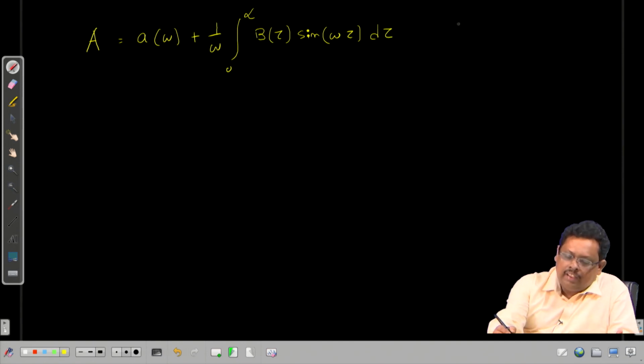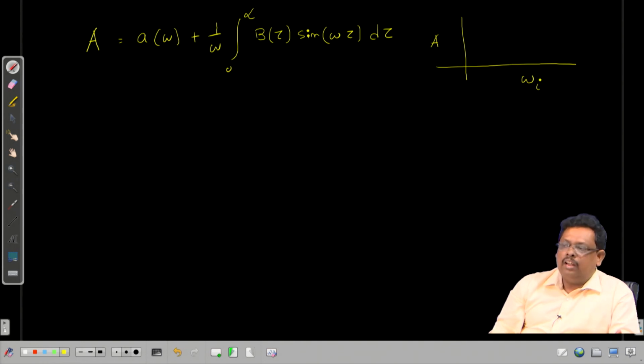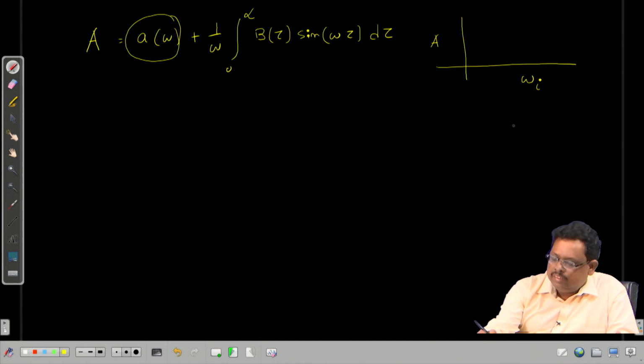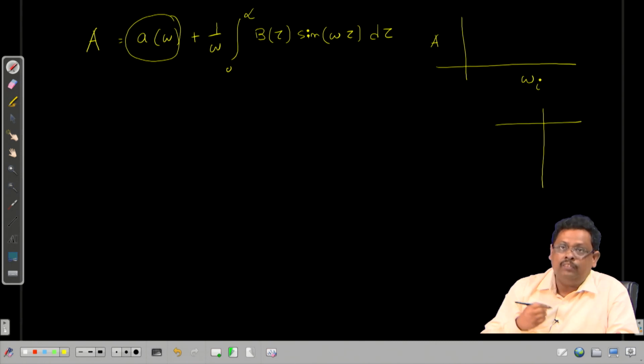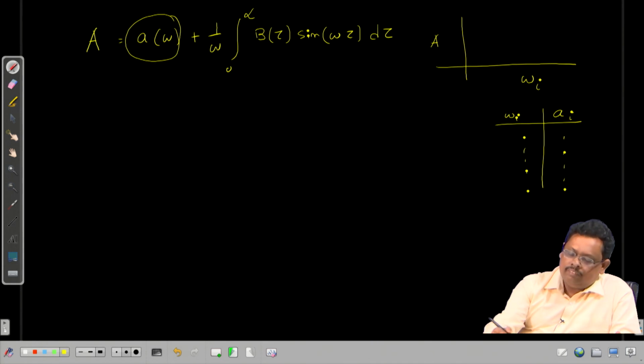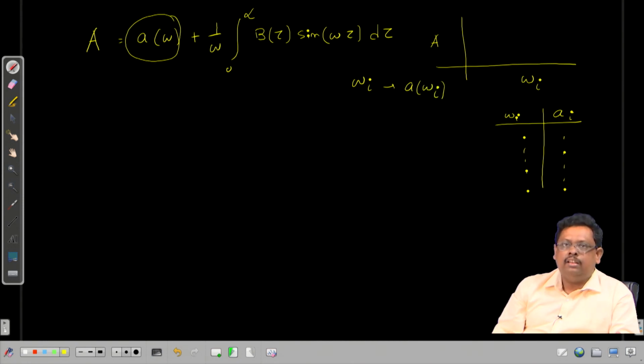So, this is my equation, right. Now, I need to find out A for each omega. I have this solution A(omega i) for each omega i, so I have this list. Therefore, for some particular omega i, the frequency-dependent added mass is A(omega i).